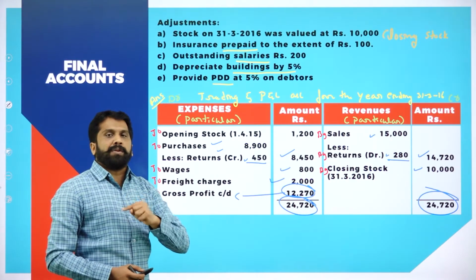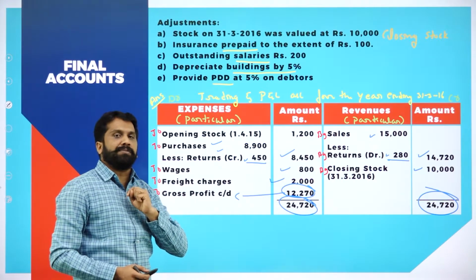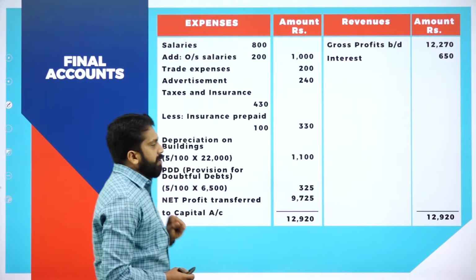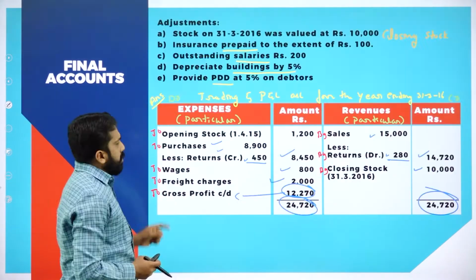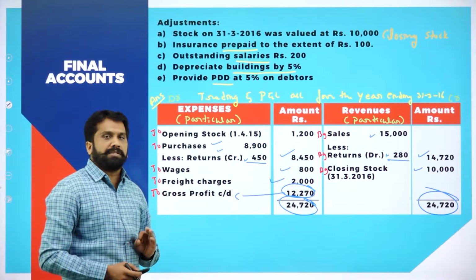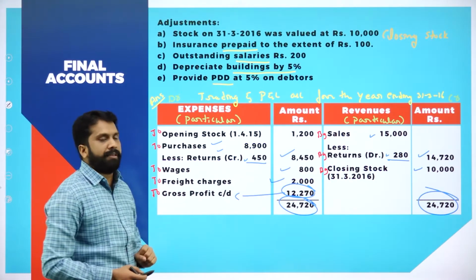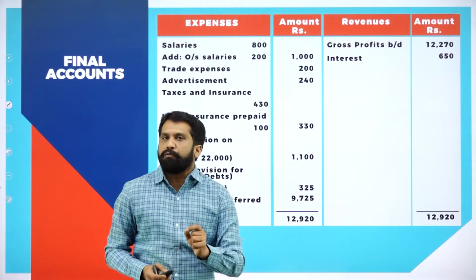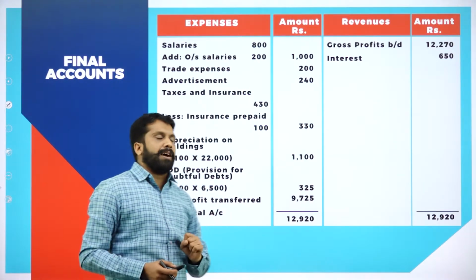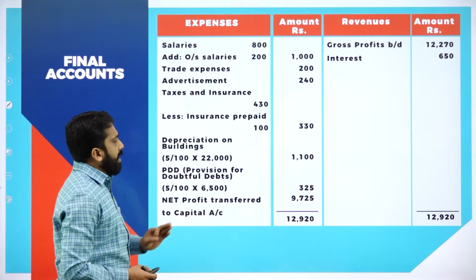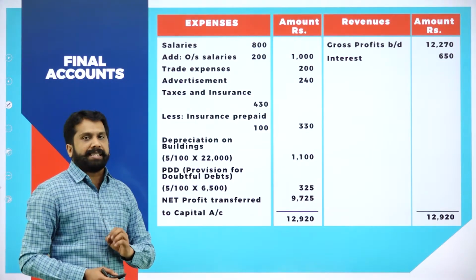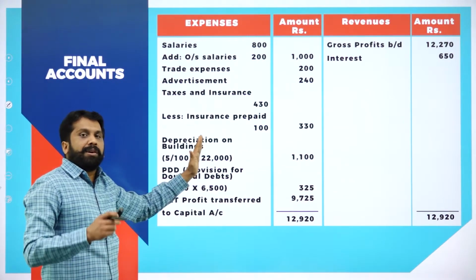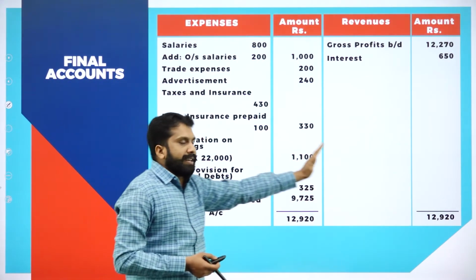Step 1. Once trading account is done, what is the second one? Profit and loss account. So please take screenshot of this so that you will understand which are the items we have taken. Now, the second thing will be your profit and loss account. Now, under profit and loss account, what do we take? In this, all the expenses will be debit side, all the incomes will be credit side.